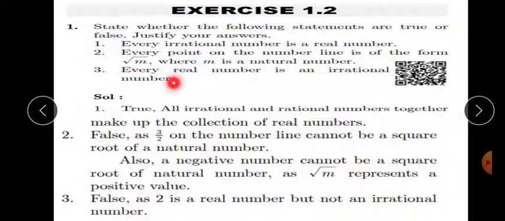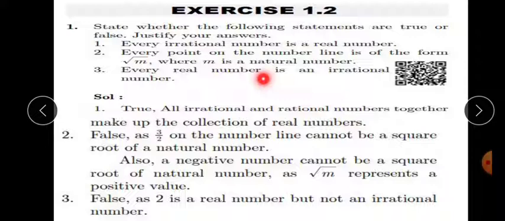Number 3: every real number is an irrational number. The answer is false, as 2 is a real number but not an irrational number. Now let us understand this question. Suppose I take root 4 or root 9.